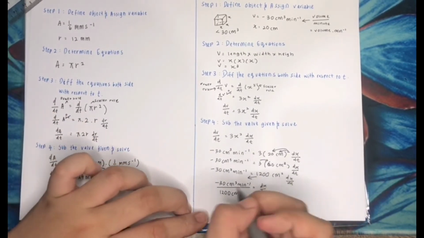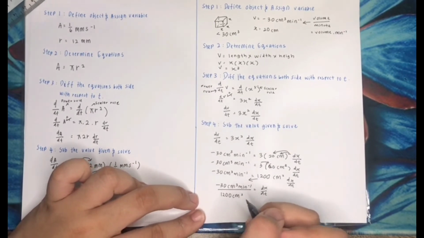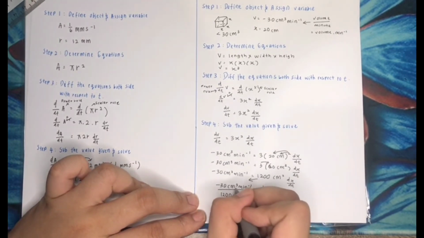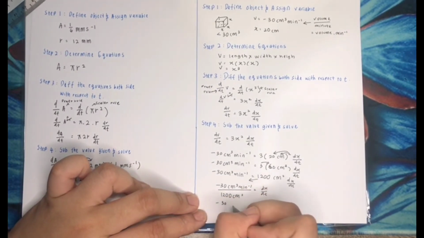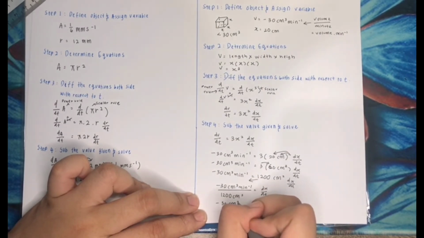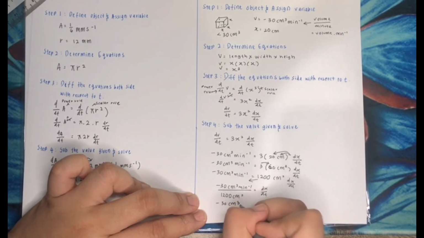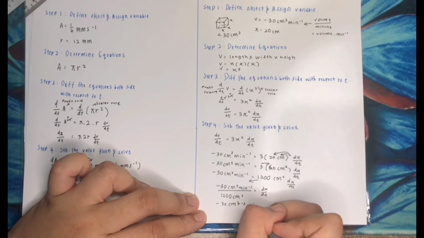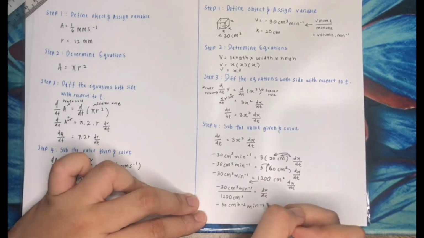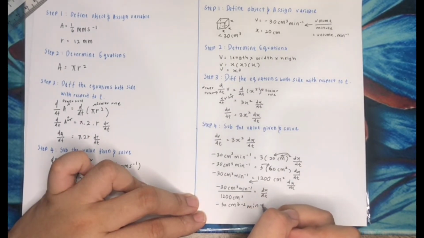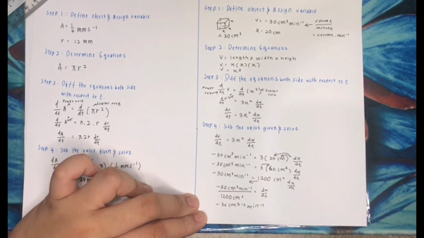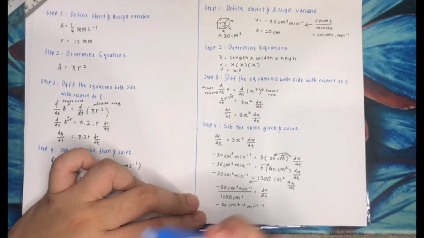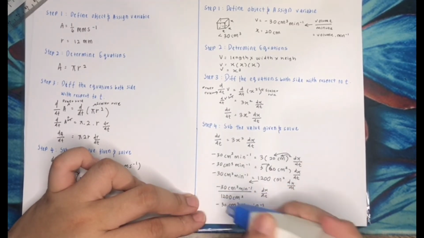As you know, cm can cancel, so cm to the power of 3 minus 2. Oh sorry, my bad, I forgot to provide the right answer, sorry.